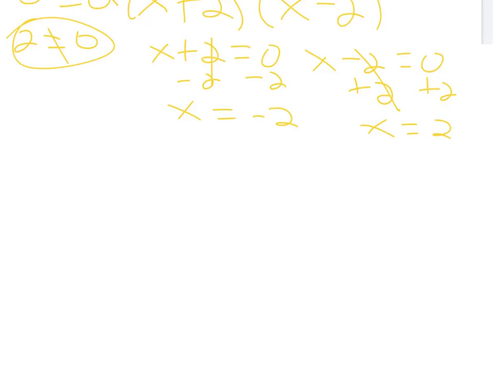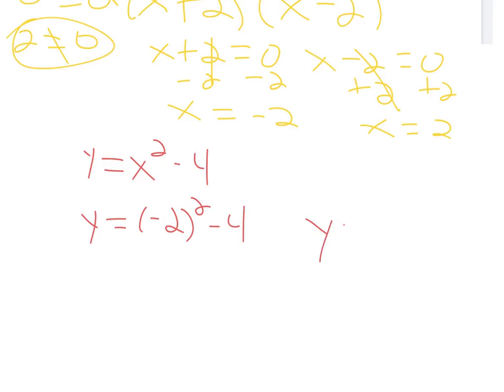Now I have to pick one of my original equations to substitute the value in for x so I can find y. So I'm going to pick y equals x squared minus 4. So if I go ahead and substitute my values of x in here, I would have y equals negative 2 squared minus 4 and y equals 2 squared minus 4.